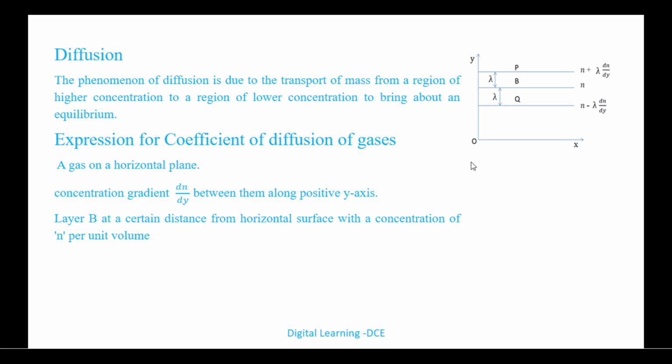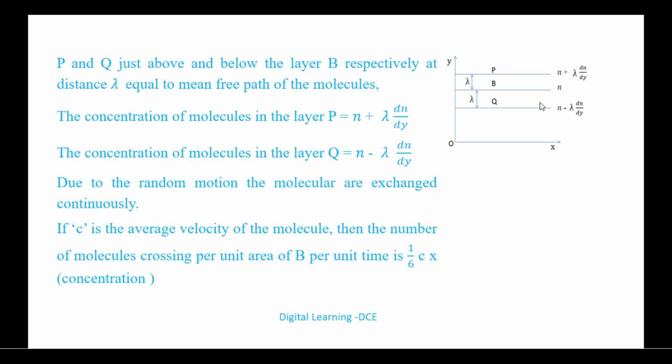Then let us consider two more layers P and Q on either side of the layer B. In the next slide, let us consider two layers P and Q on either side of the layer B, and these two layers are at equal distance from the layer B, and that distance is equal to lambda, the mean free path.